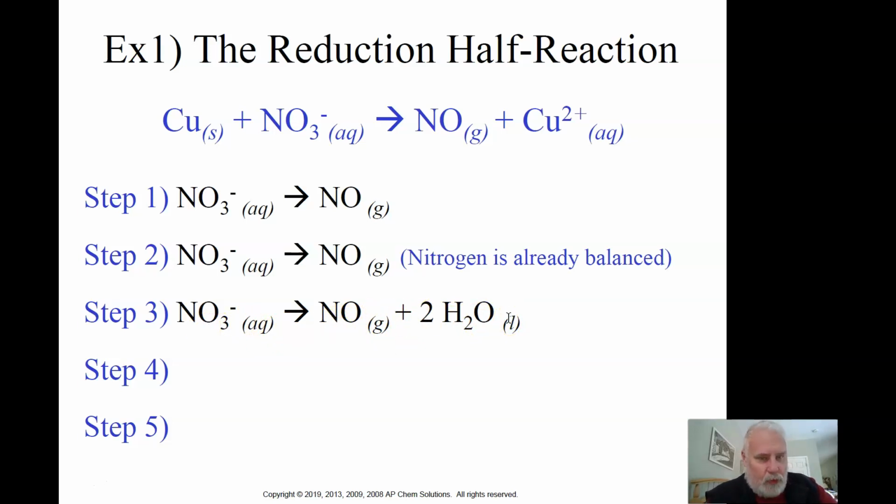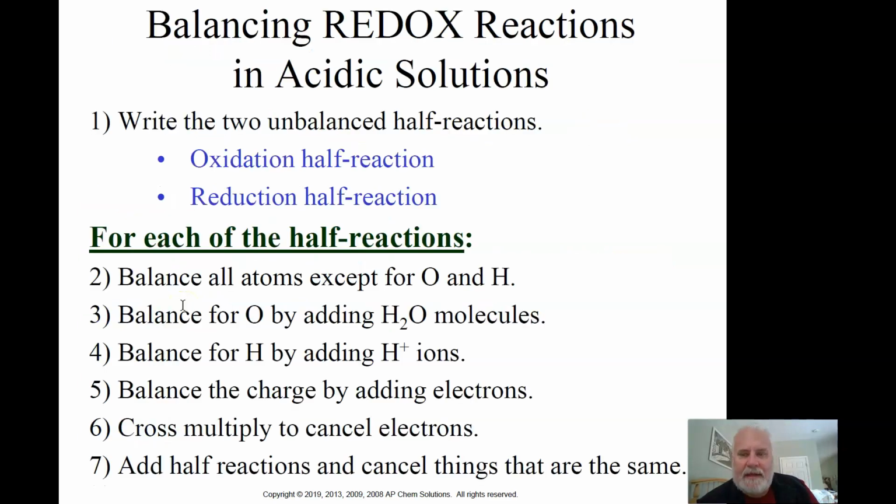But what did you screw up? You screwed up the hydrogen. You got 4 hydrogens over there and 0 hydrogens over there. So I'm guessing maybe that's step 4. Ooh, balance the hydrogens by adding H+ ions. How do we know we have H+ ions available? That's the key to what it says up here, that these are acidic solutions.